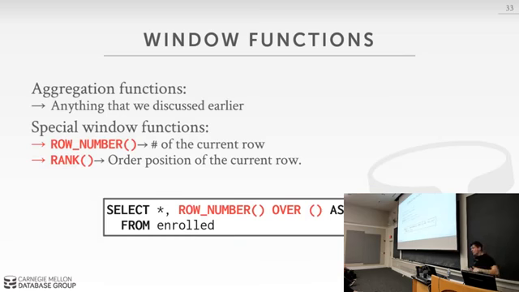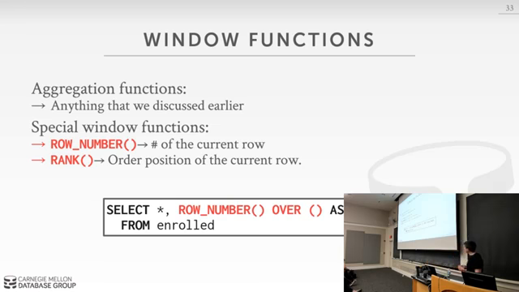The aggregation functions will be all the things in the SQL standard that we talked about before: min, max, average, count, sum. The special window functions can do things like introduce a row number to the current row, to keep track of the tuples being output and mark them with what order they're coming out. And then rank would be the position of a tuple if we're doing sorting.